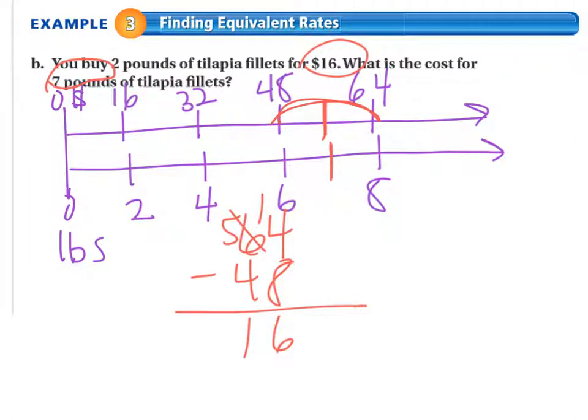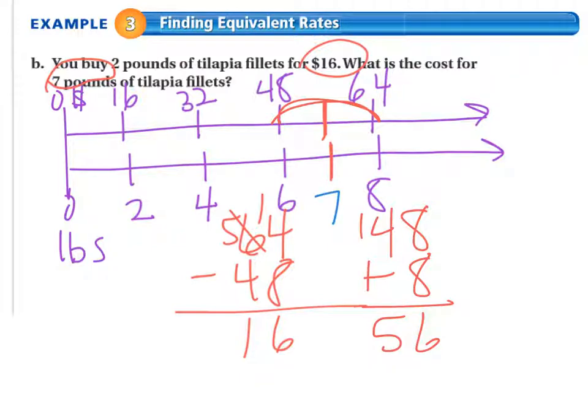Well, halfway between there and there is 8. So we need to go from 48 up 8, which is 56. So that means right here we have 7 and 56. So for 7 pounds of tilapia, it is $56.